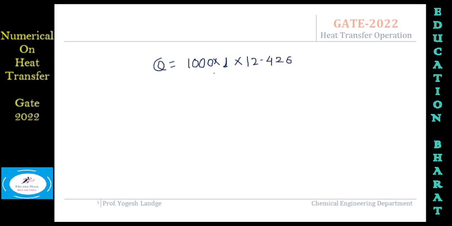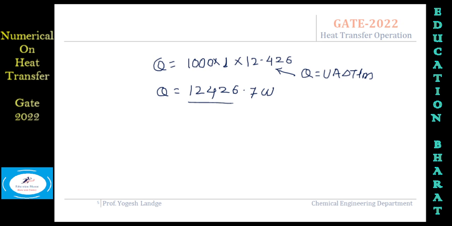In terms of the overall heat transfer coefficient, the formula is Q is equal to U A delta T LM. We just put in the values, and we get Q as 12426.7 watt, around 12,426.